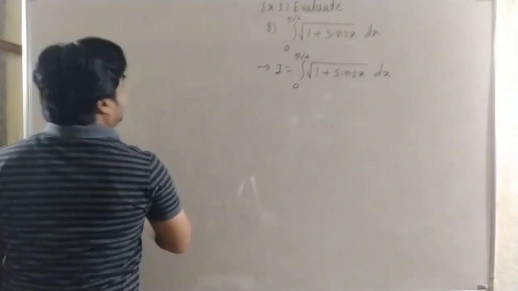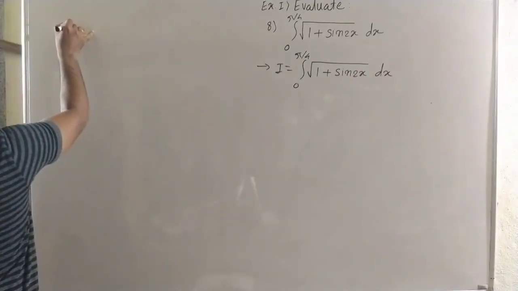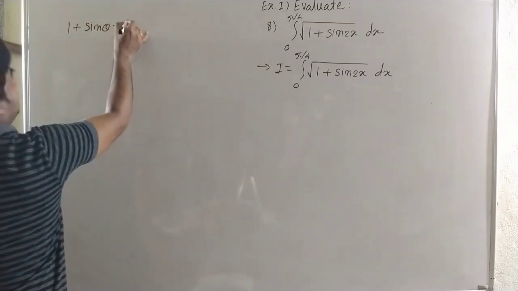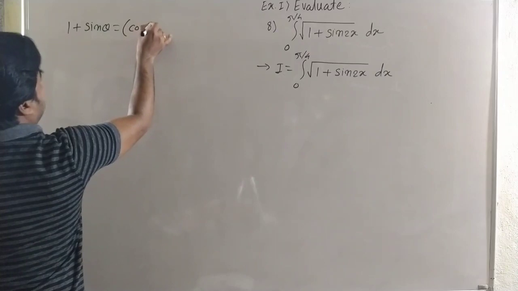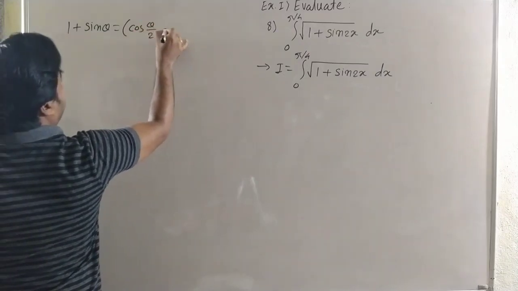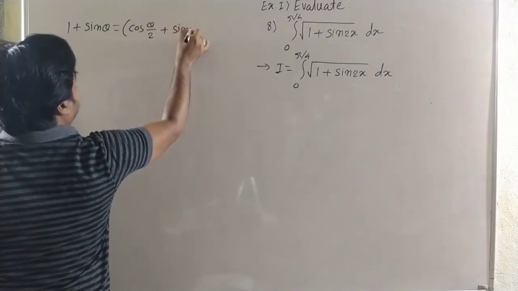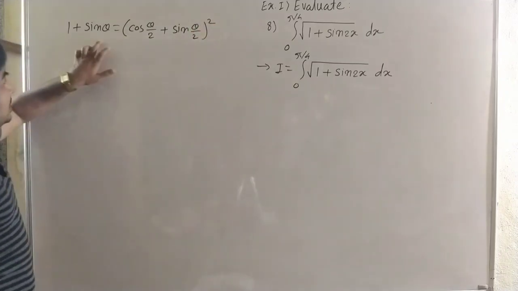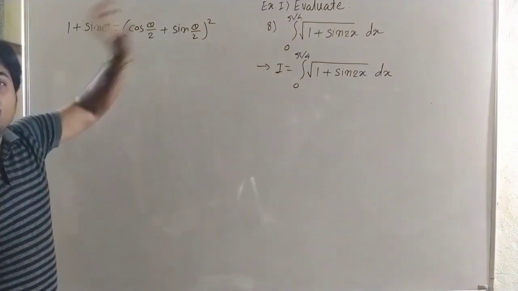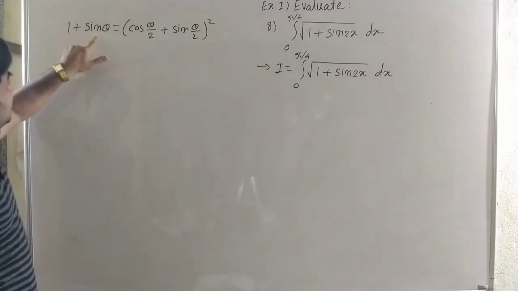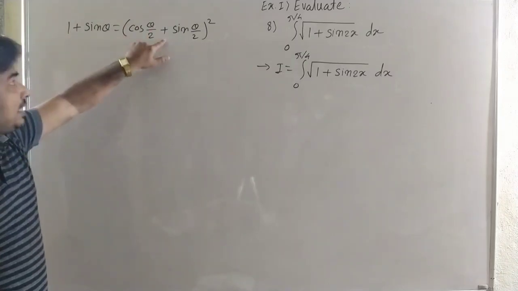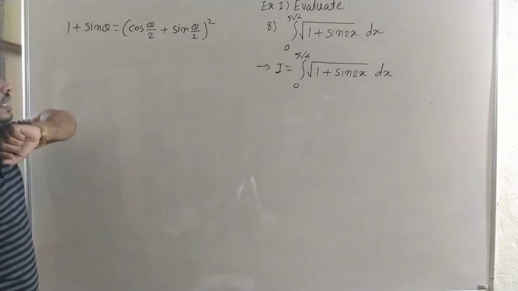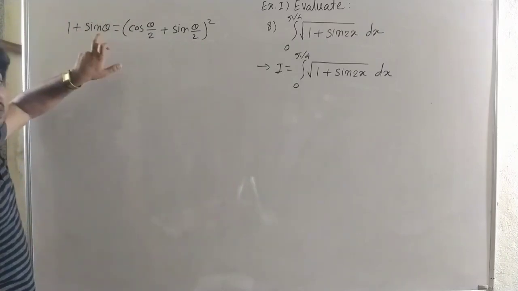Now here we use the trigonometric formula: 1 plus sin theta is equal to cos theta by 2 plus sin theta by 2, whole square. If it is 1 minus sin theta, then it is cos theta by 2 minus sin theta by 2, whole square. Here it is 1 plus sin 2x, so we use 1 plus sin theta.